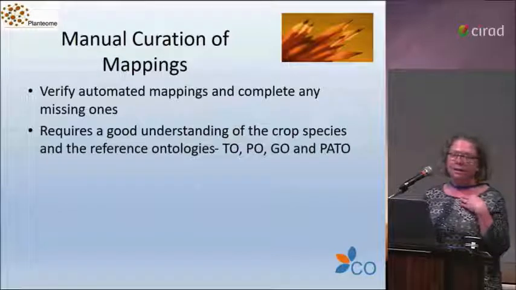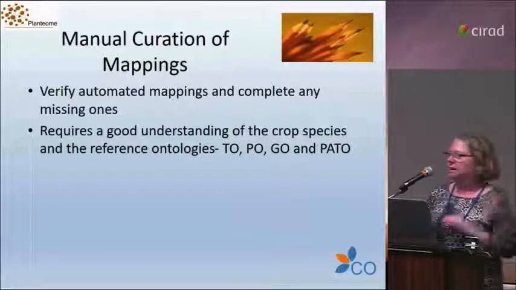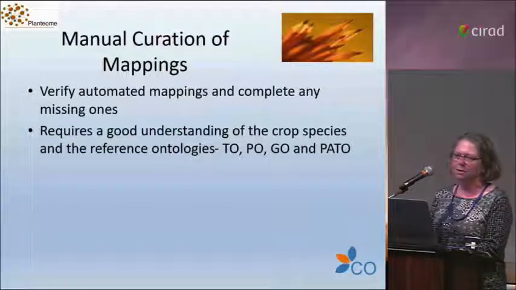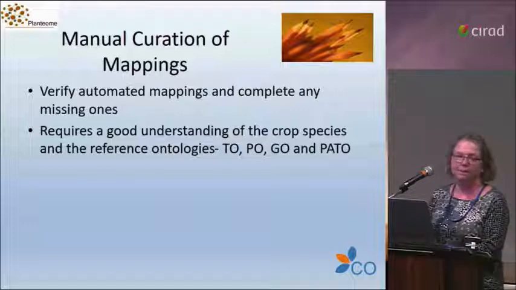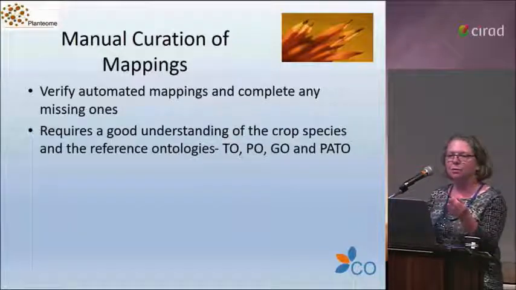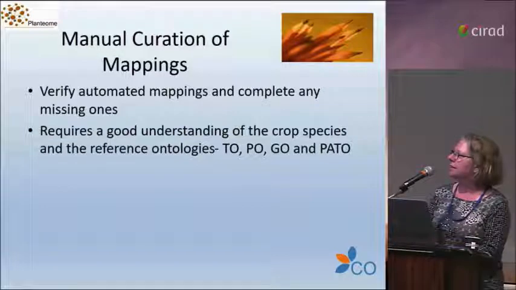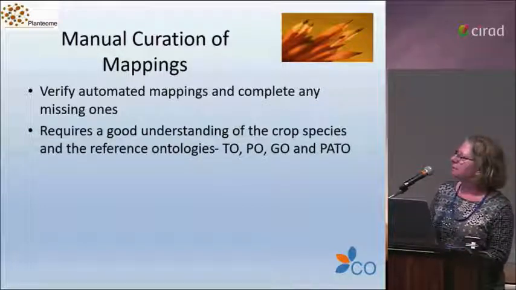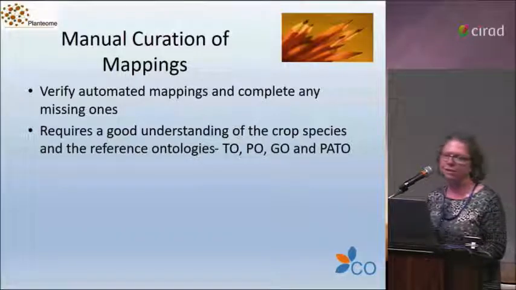And I definitely don't pretend to be an expert in cassava or lentil. So we reach out to the user groups and the domain experts in each of these areas, and also to botany experts, so we can understand what these plant parts are that they're looking at and what the traits are that they're studying.